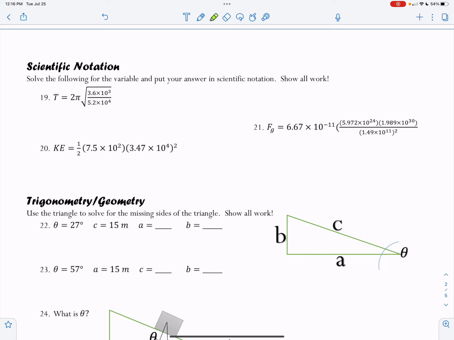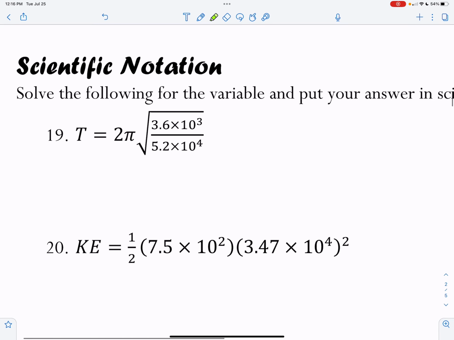In number 19, we're going to put this in our calculator: 3.6 times 10 to the 3 divided by 5.2 times 10 to the 4. So 3.6 times 10 to the 3 divided by 5.2 times 10 to the 4. Okay, then we're going to take the square root of that. Then you're going to multiply it by 2 pi out in front.